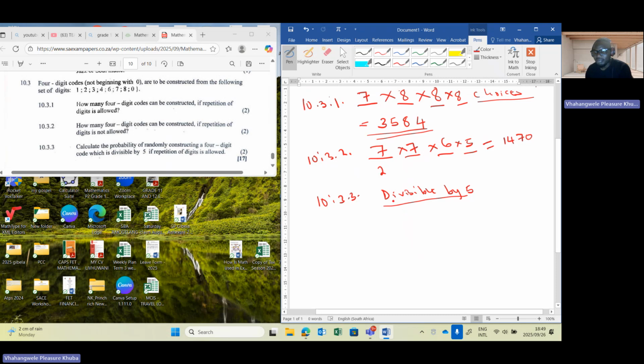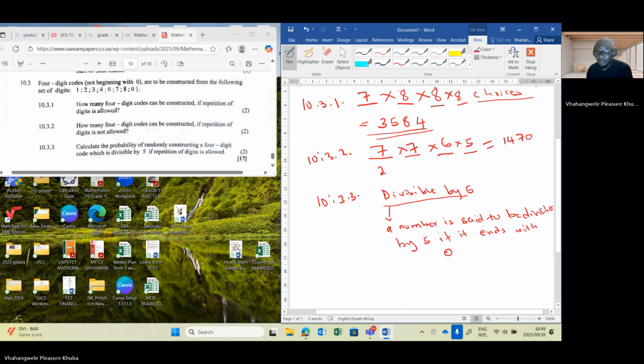What does this word divisible by 5 tell you? A number is said to be divisible by 5 if it ends with 0 or 5.